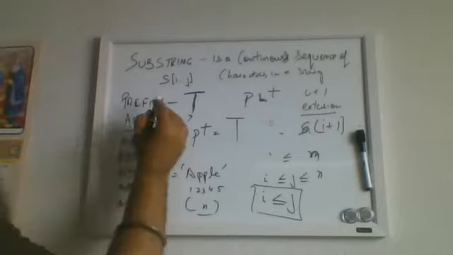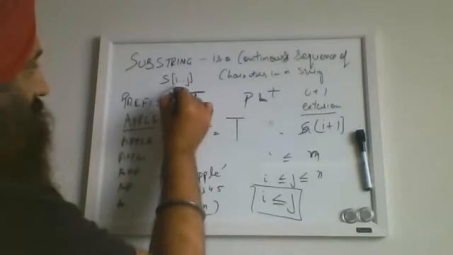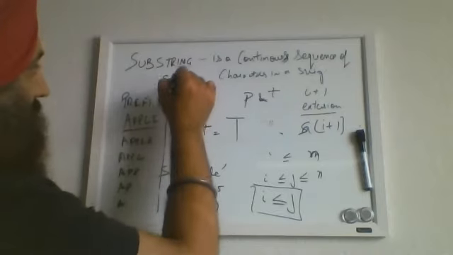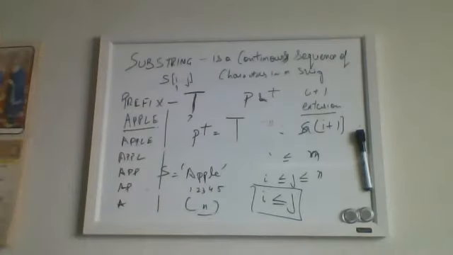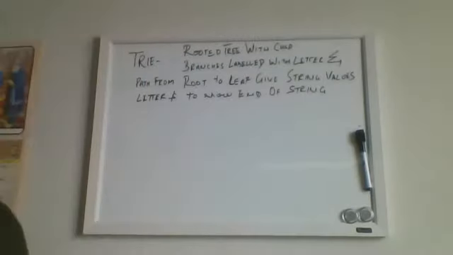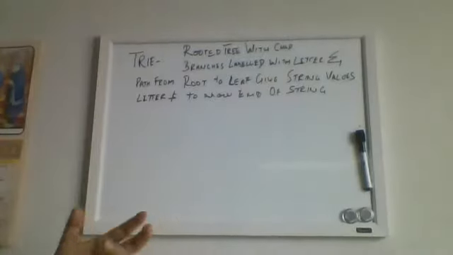A substring will always be denoted by S[i..j], which means you pick up from the actual string, moving from the ith element to the jth element. Okay, next let's see a data structure called a trie. A trie is basically a rooted tree.